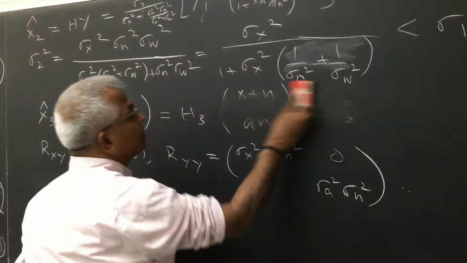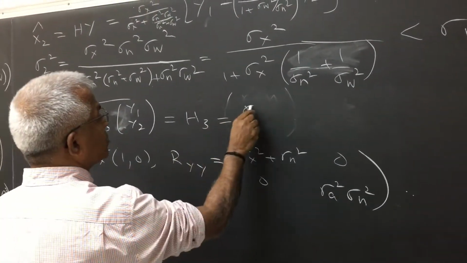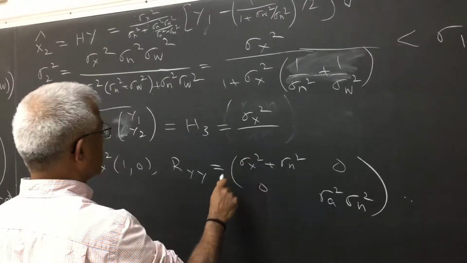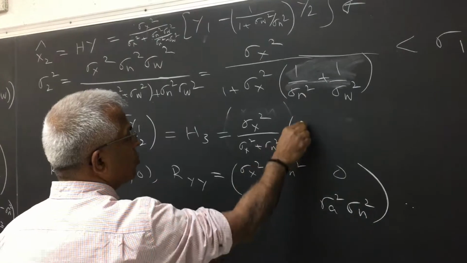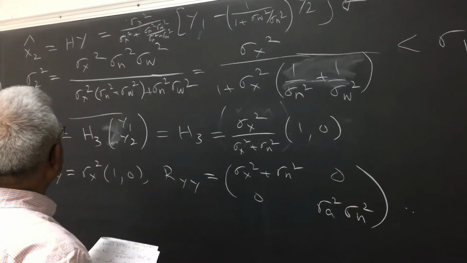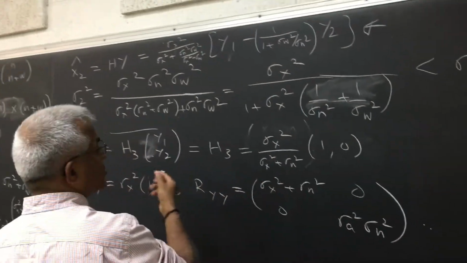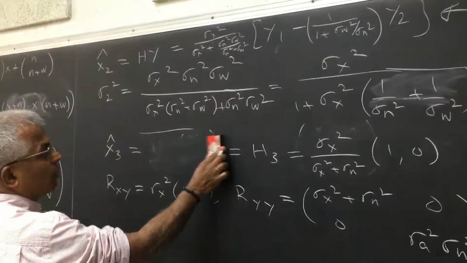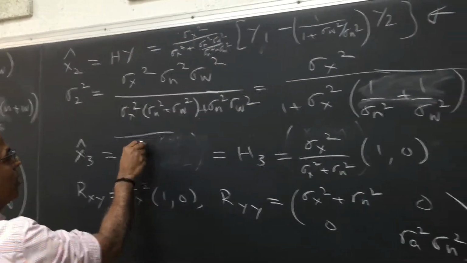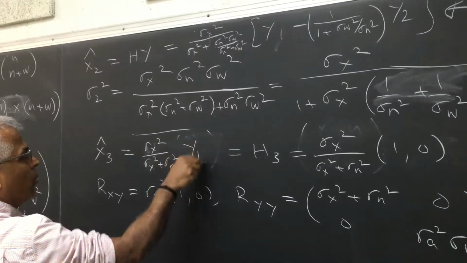H3 will turn out to be sigma x squared over sigma x squared plus sigma n squared, [1 0]. So what this says is that it simply ignores the second data, because the best estimator, as you can see, I'll write it down here, is simply only a function of y1: sigma x squared over sigma x squared plus sigma n squared times y1.